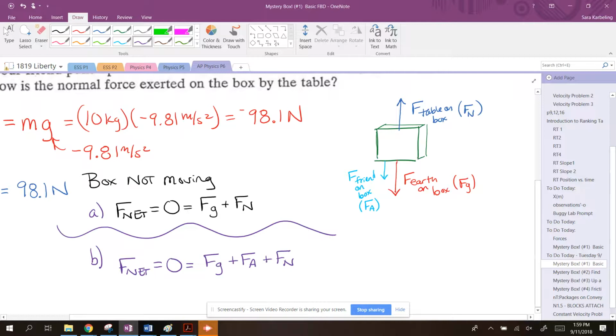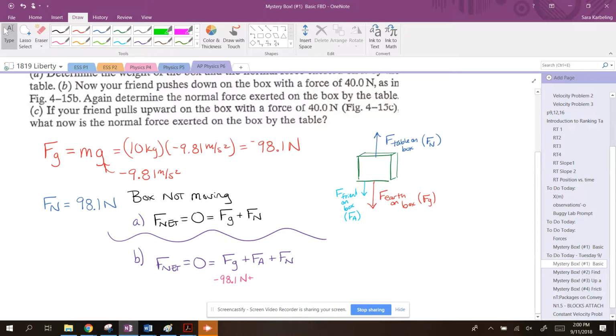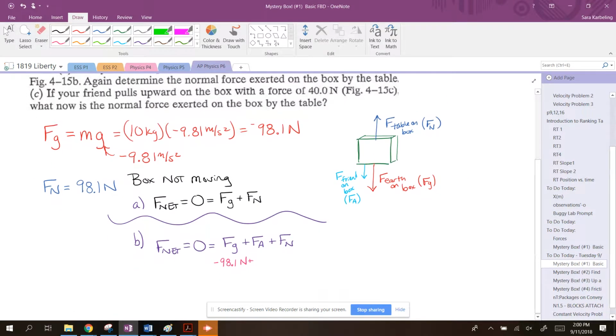Now it may be helpful to pay pretty careful attention to directions here, right? FG and FA are going in the same direction. You with me there? So we can solve this for FN. We know FG is negative 98.1 newtons. What is FA? Say 40. Friend pushes down on the box with 40 newtons.